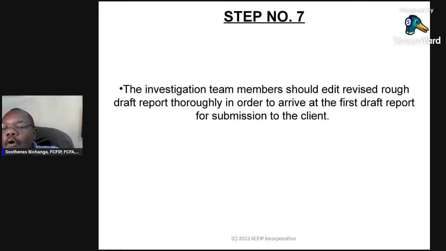And then all students will be encouraged to attend the interactive sessions where they can ask questions, where they can get advice and experience shared by the experienced practitioners.